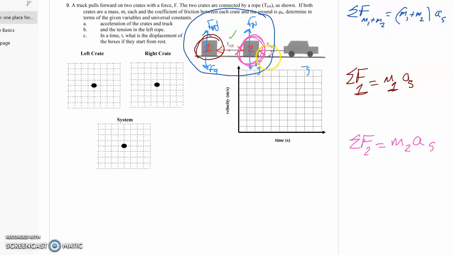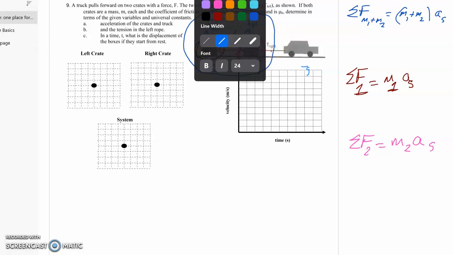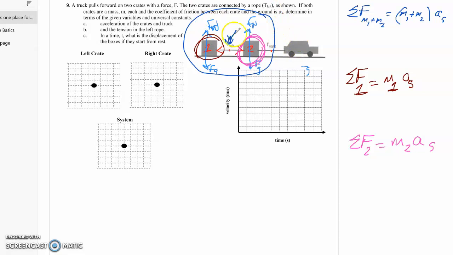What good it does for us if we sum like this is that this tension right there goes away. All right, so there are no vertical forces. The internal tensions cancel. So on M1 and M2 together, there is only one force, and it is the force of tension to the right. So I'm going to say, if we stay with blue.